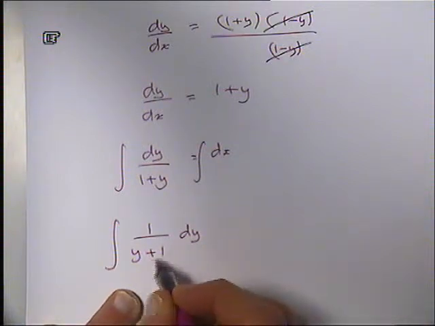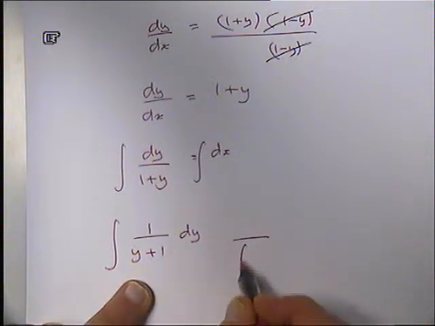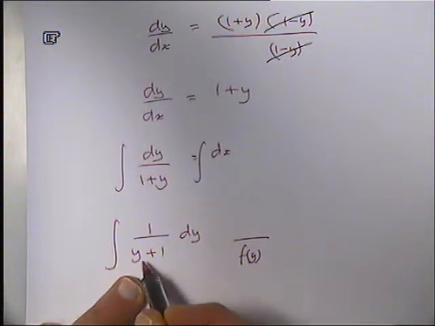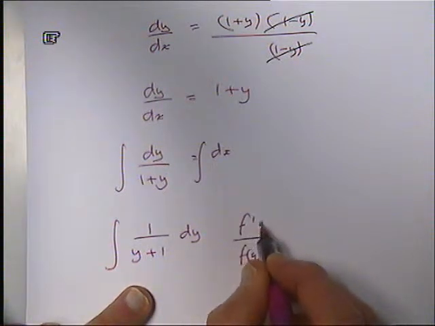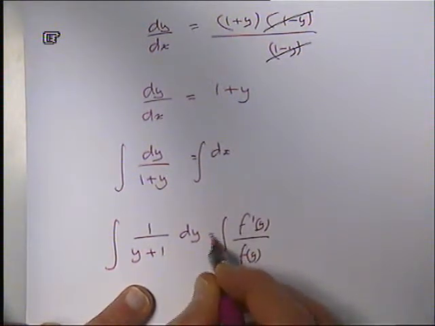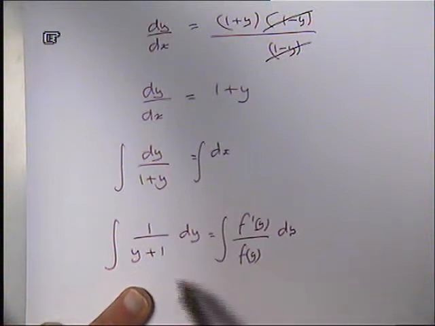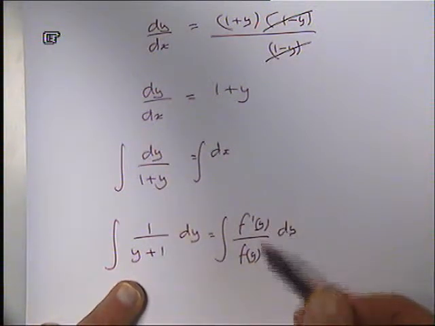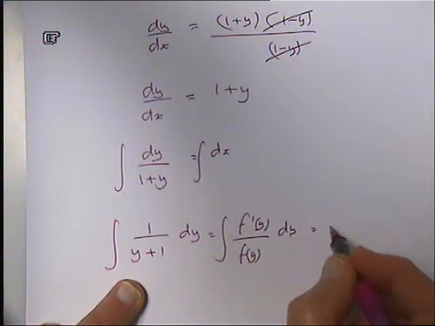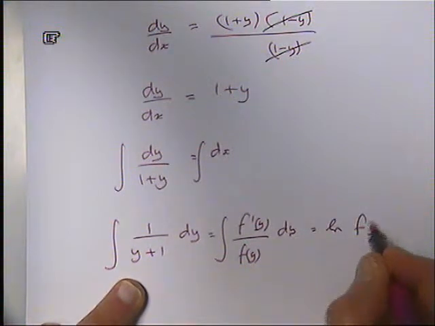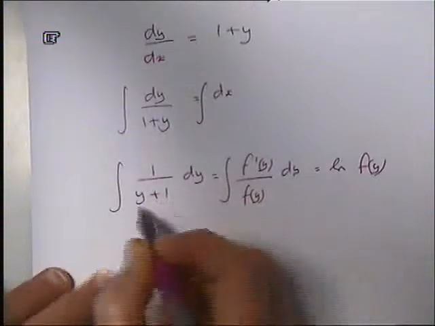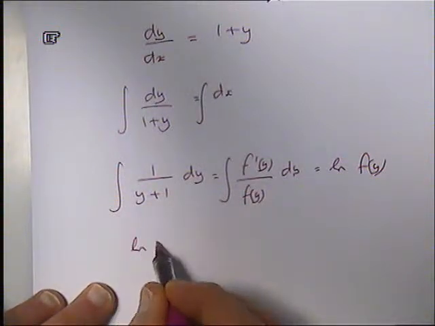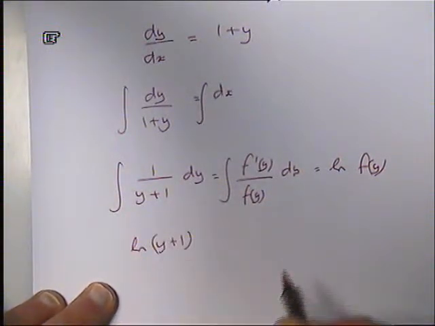Logs, because the bottom there, if we call that bottom some function of y, the top is its derivative. What we've got there is a fraction. The derivative of y plus 1 is 1. So it's a derivative over the function. And we said the red box rule for that is it's log of the function. So when you integrate that, you just get log of y plus 1.